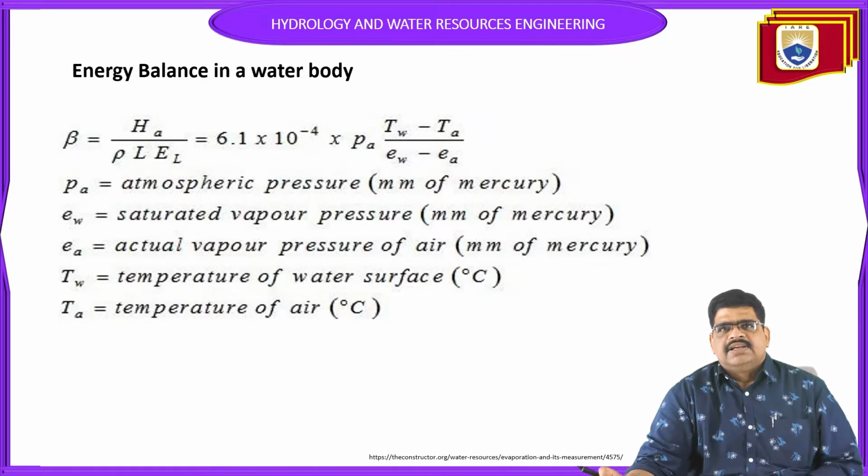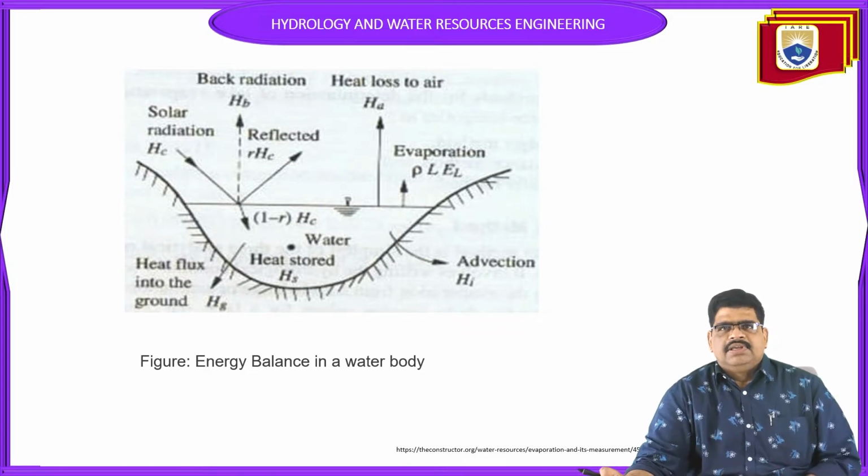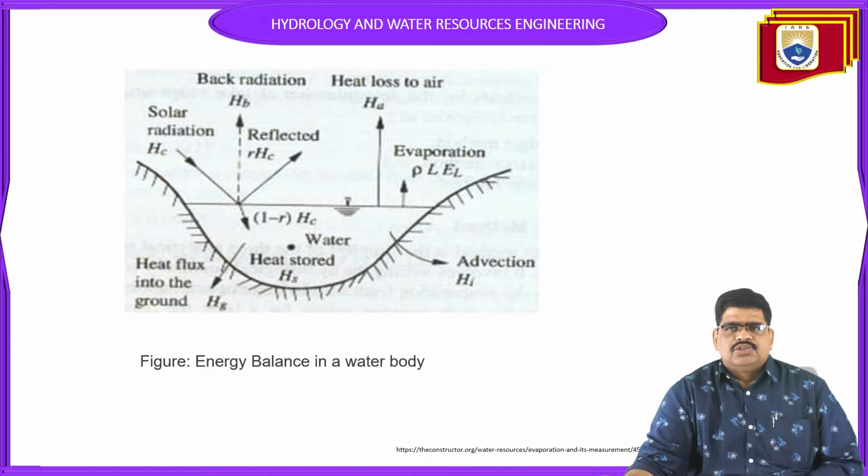You can understand it easily: HE is the evaporation, HB is the back radiation, and solar radiation is also there, and the heat flux goes inside the pond or water body. Next, advection HI of the water body can also be stored.